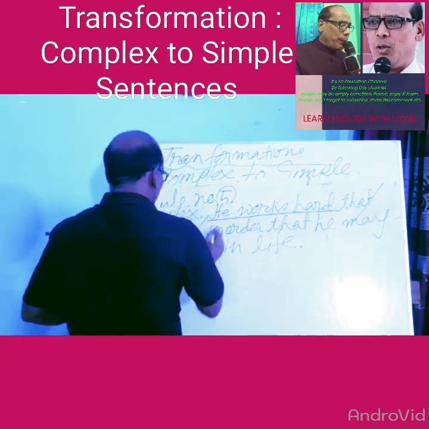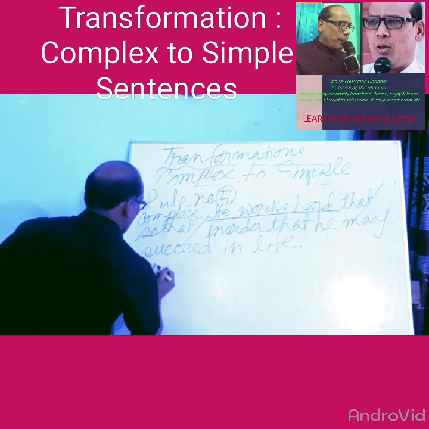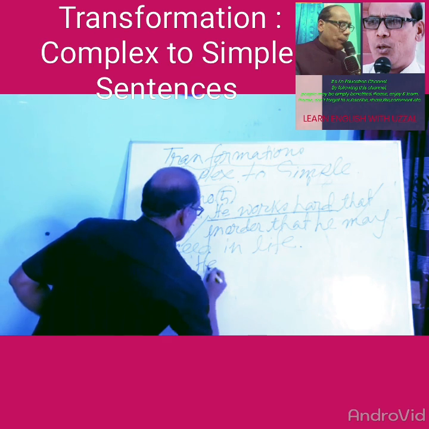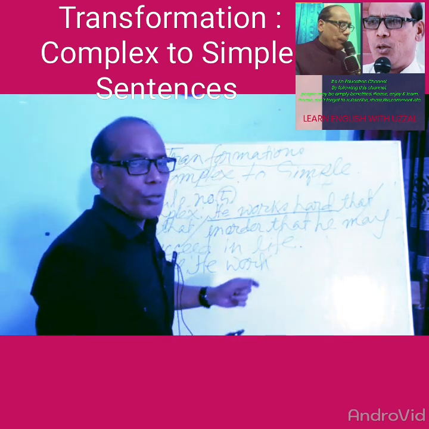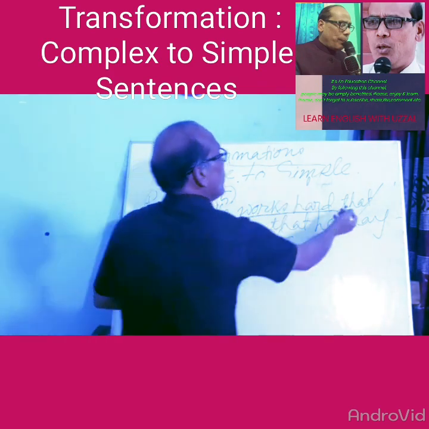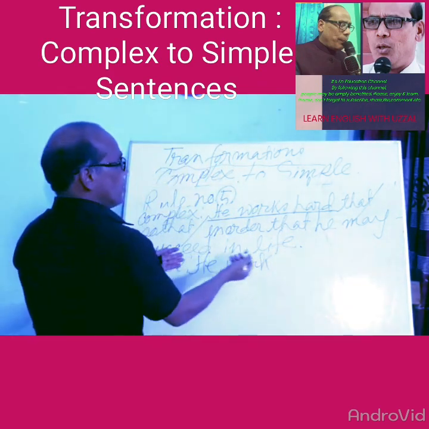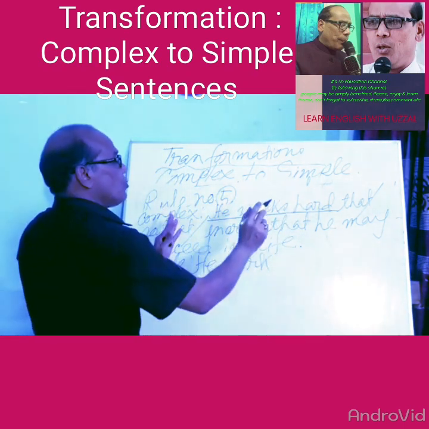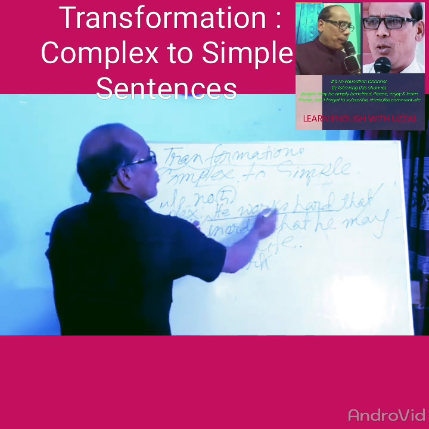We will have to first write the main clause when we go to make it simple. He works. As you know, we have to change the subordinate clause. He may succeed in life. That is the subordinate clause. So we will have to change that clause, and the main clause has come first. He works hard.